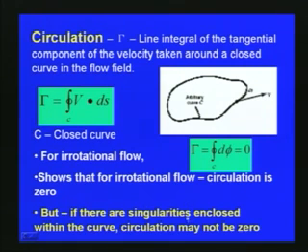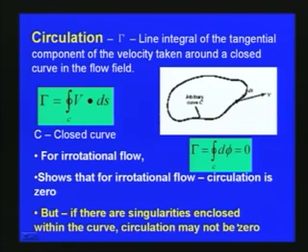We have seen that the vortex can be a forced vortex or a free vortex. For the irrotational case, circulation is 0, but if there are singularities enclosed within the curve, circulation may not be 0.